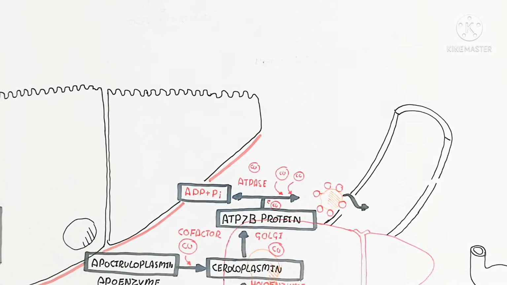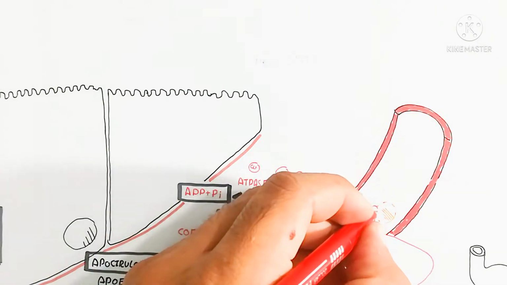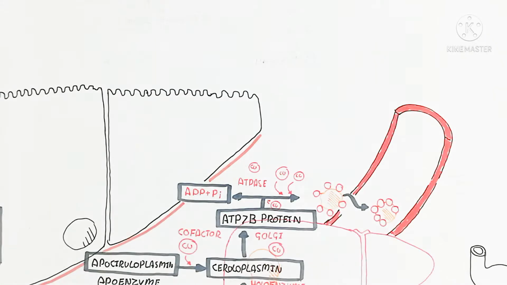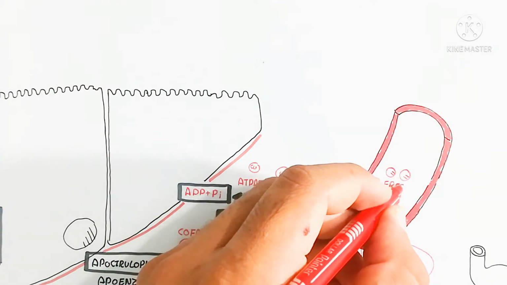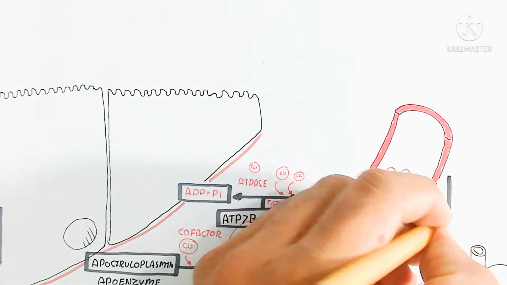A protein containing 6 coppers forms, and some copper remains free in the circulatory system. The total of free and ceruloplasmin-bound copper indicates the normal blood serum copper content for normal function in tissue.